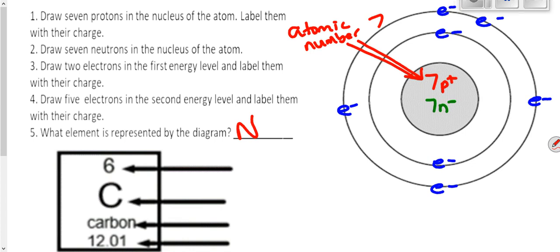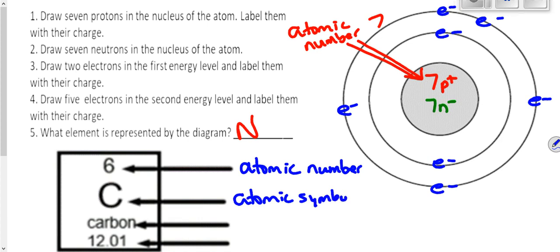So, quick practice. What do these symbols mean on our periodic table? Well, this top number here is my atomic number, and it tells me protons or electrons. The big symbol in the middle is your atomic symbol. It's a shorthand way that chemists have to know which element we're talking about.